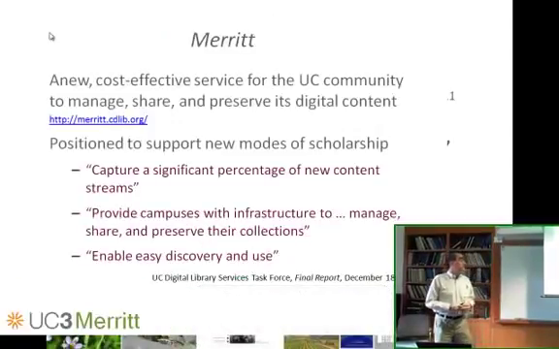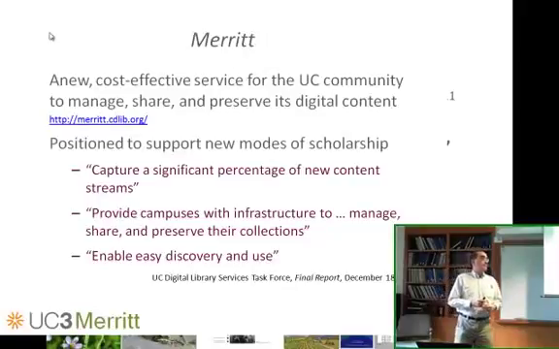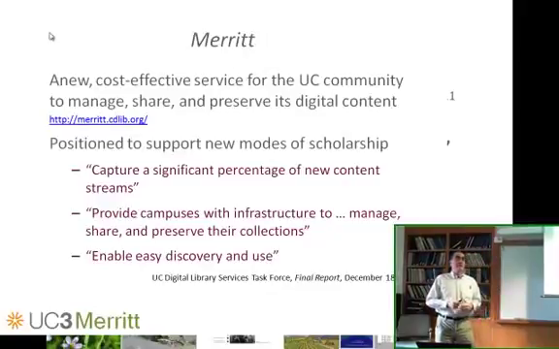As Tricia mentioned, Merit is the name of our new repository service offering that we rolled out back in September of last year. We've actually been in the repository business for about 8 or 9 years, so Merit really represents the latest generation of our thinking, as well as the thinking of the larger digital preservation and curation communities.